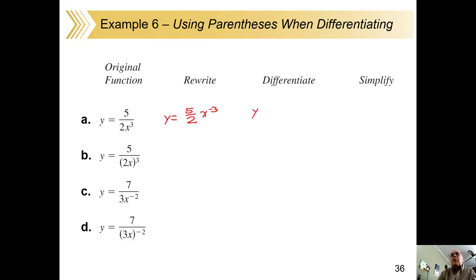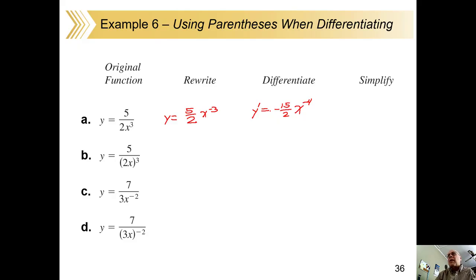So when we take the derivative, called y prime this time, negative 3 times the 5/2 will be negative 15 halves. And then x. This exponent right here gets reduced by 1. That means we subtract 1 from it. So it becomes negative 4.